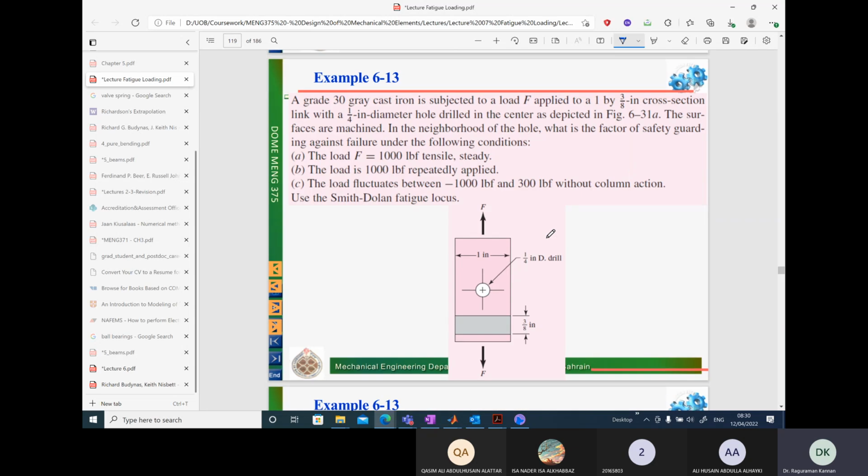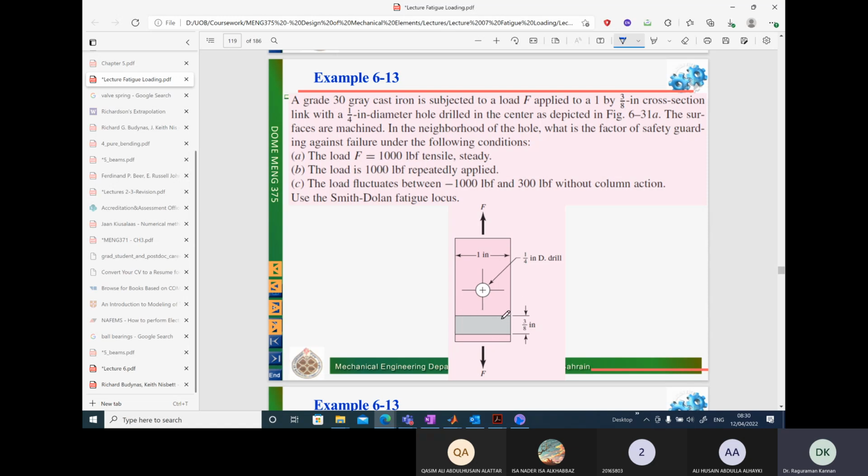So let's see this example problem. We have a plate, a grade 30 gray cast iron, subject to a load F applied to a 1 by 3 by 8 inch plate. This is 1 inch, and the thickness is perpendicular to the board.